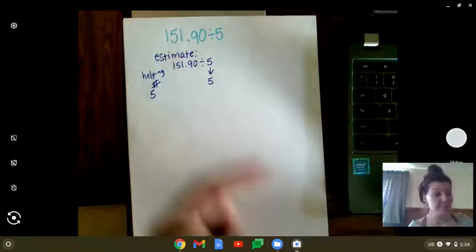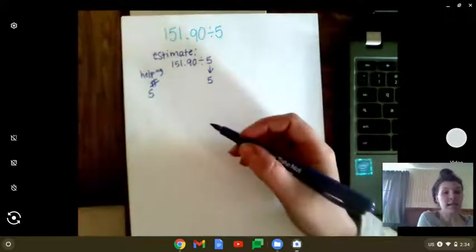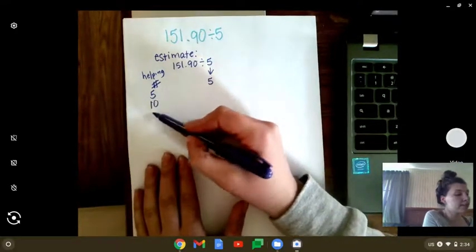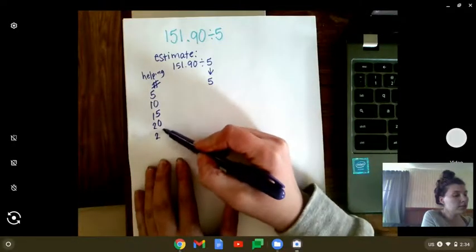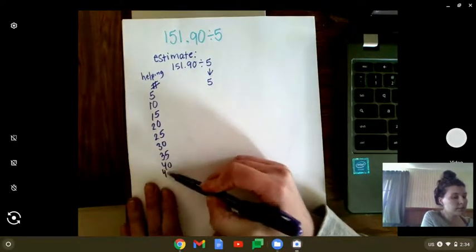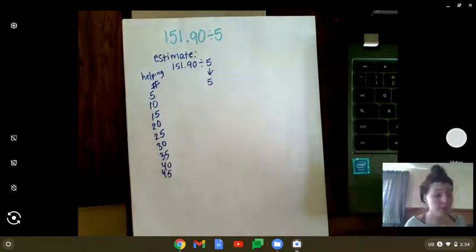We're lucky this time. Our helping number is the same thing as our actual divisor. So we're going to count by 5s. 5, 10, 15, 20, 25, 30, 35, 40, 45. And I stop when I get to 9 numbers because 10 is never an answer.